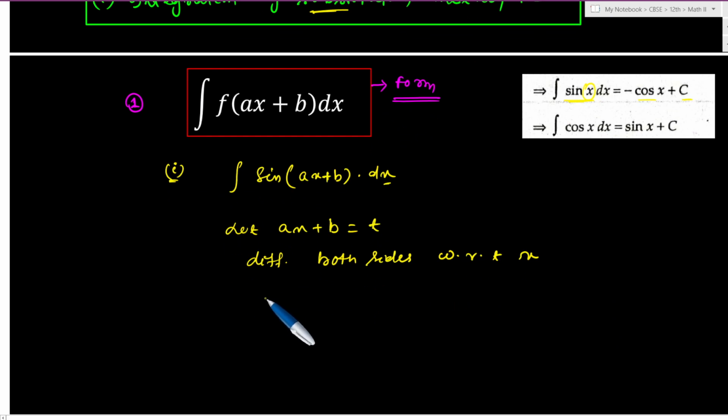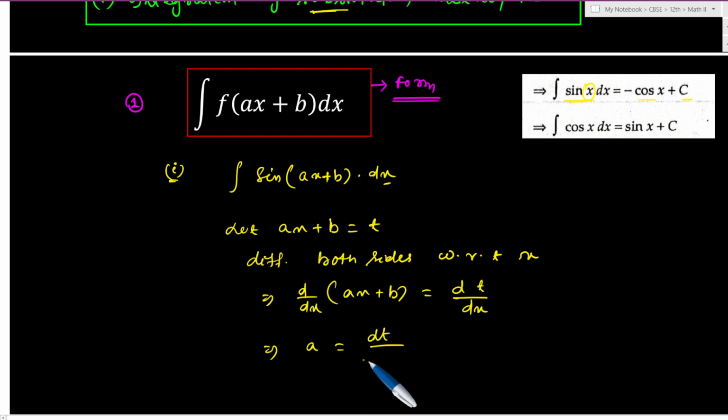So what will we get? d by dx of (ax plus b) is equal to dt by dx. Derivative of ax plus b: b is a constant, so we get 0, and only a remains. So a is equal to dt by dx.